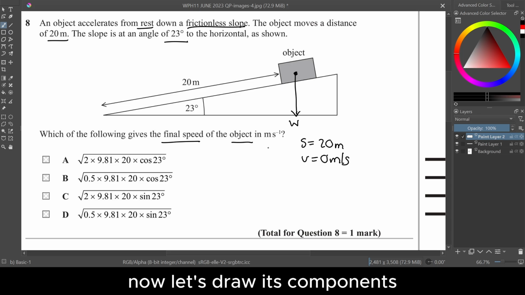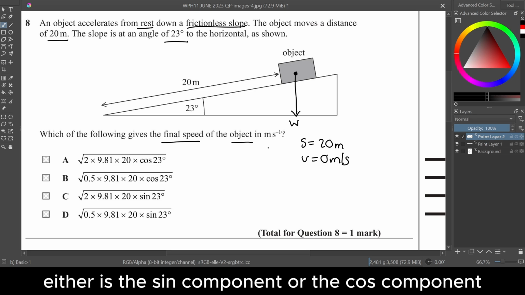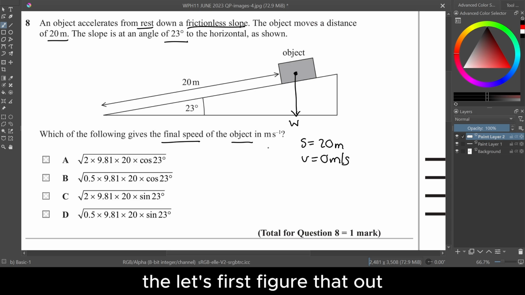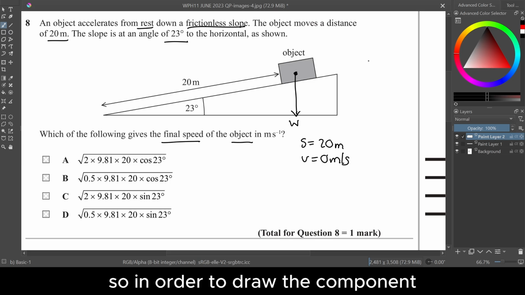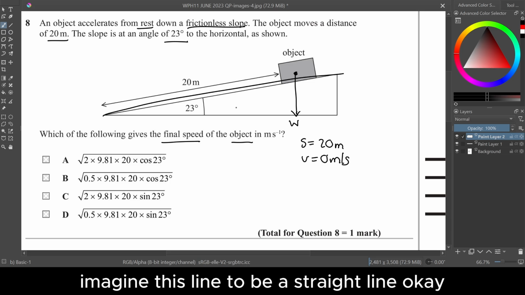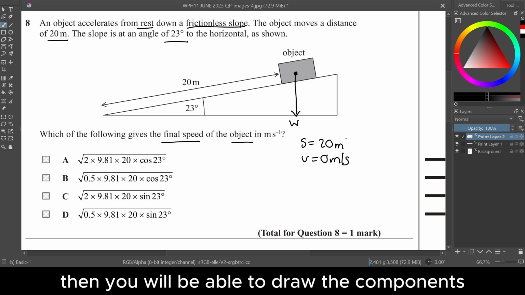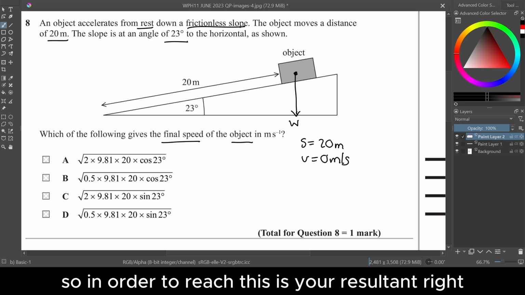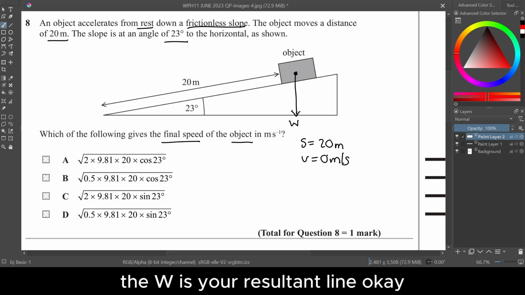Now let's draw its components, right? To understand further which of the components is the sine component or the cos component, let's first figure that out, okay? In order to draw the components, imagine this line to be a straight line, then you will be able to draw the components. The W is your resultant line, okay?